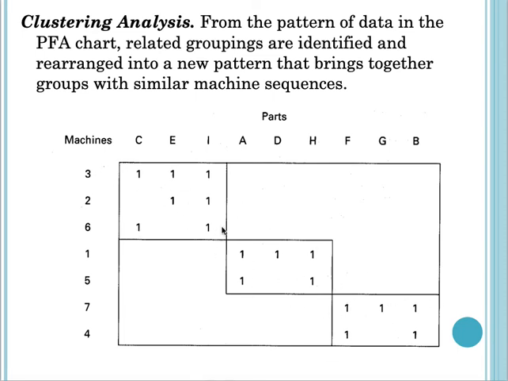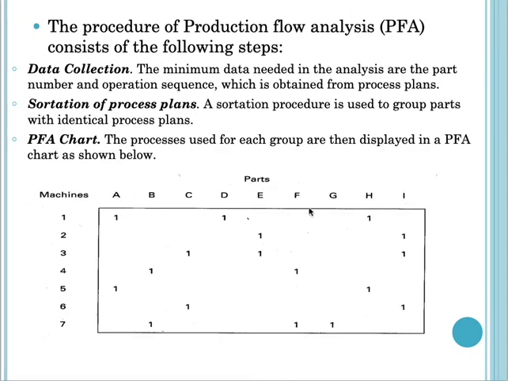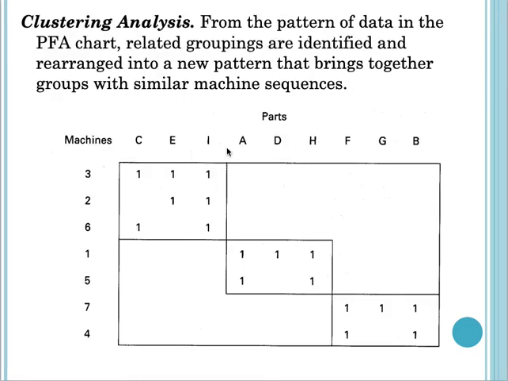So we have done it like this, whereas previously the processes were scattered over here. Now it comes in a sequence, in a grouping of similar machine sequences. So this is what production flow analysis is.